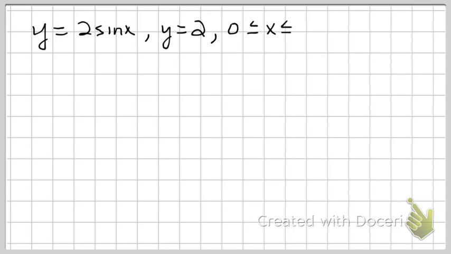Let's say that we have y equals 2 sine x, y equals 2, x going from 0 to pi halves, and we spin about the y-axis. All right.